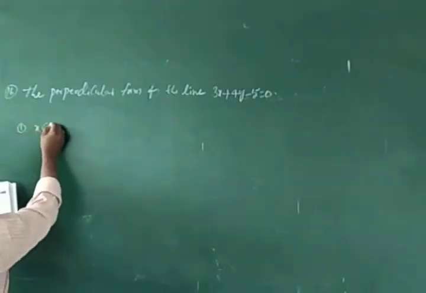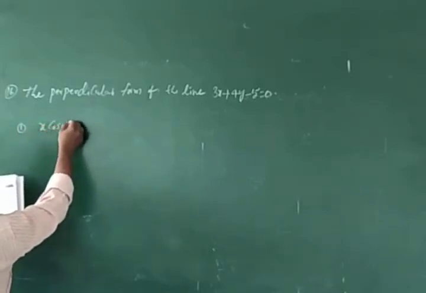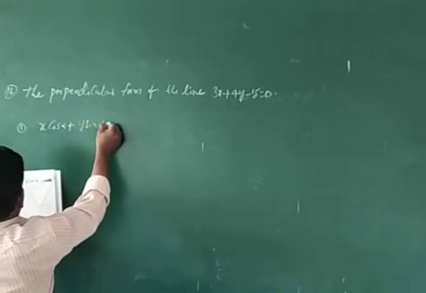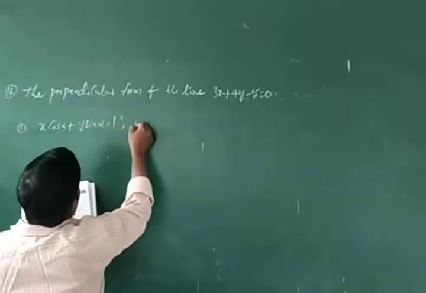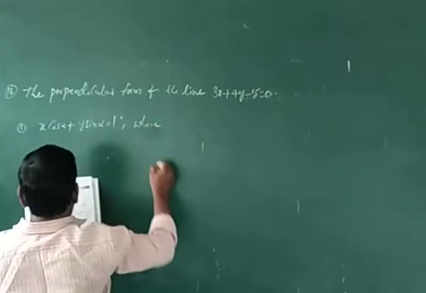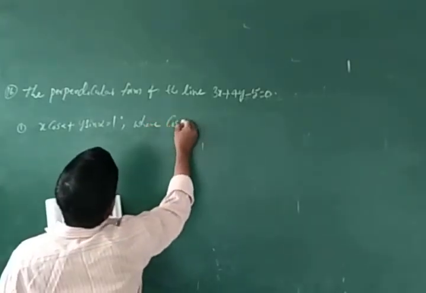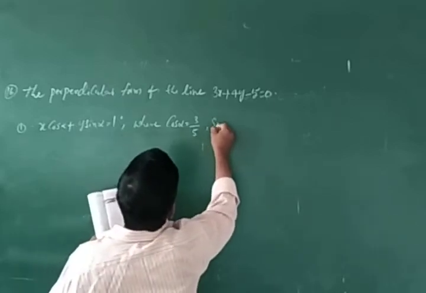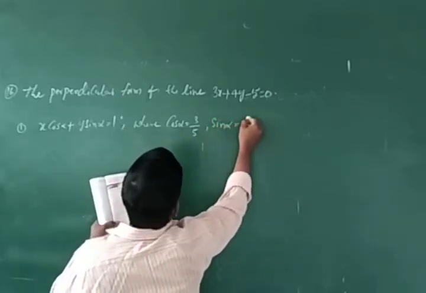x cos alpha plus y sin alpha equal to 1, where cos alpha equal to 3 by 5, sin alpha equal to 4 by 5.